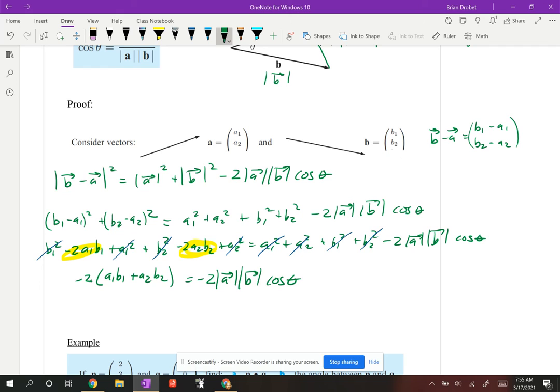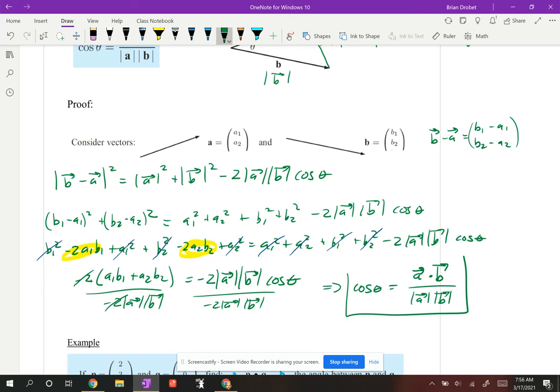Now I'm going to divide both sides by negative 2 magnitude A, magnitude B. The result is cosine of theta, and the negative 2's cross out. My denominator is the product of the magnitude of A and the magnitude of B. And my numerator, A1 B1 plus A2 B2, is equivalent to A dot B.